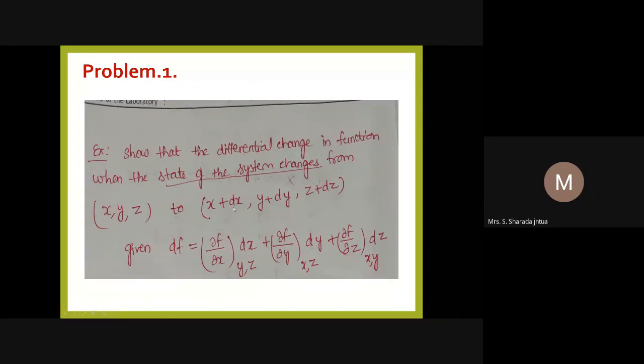Now one problem, please you can just take this screenshot or whatever you can have. So the problem is, show that the differential change in function when the state of the system changes from x, y, z to x plus dx, y plus dy, z plus dz.